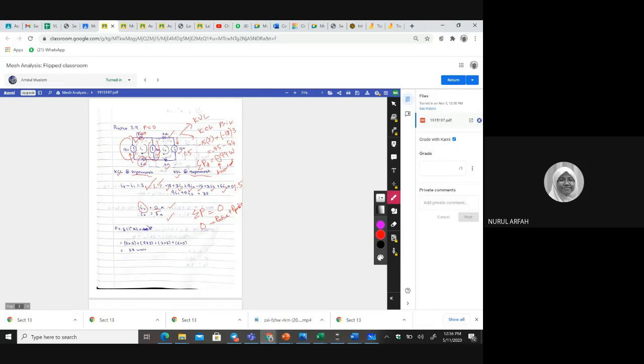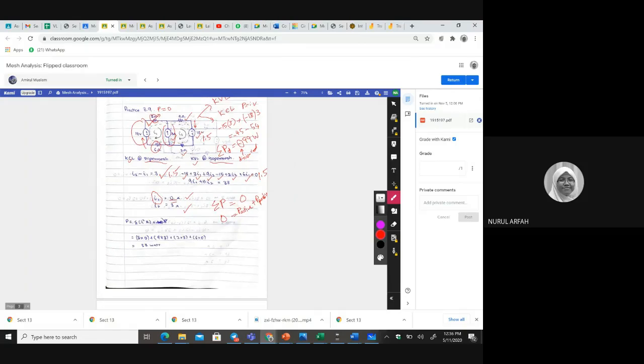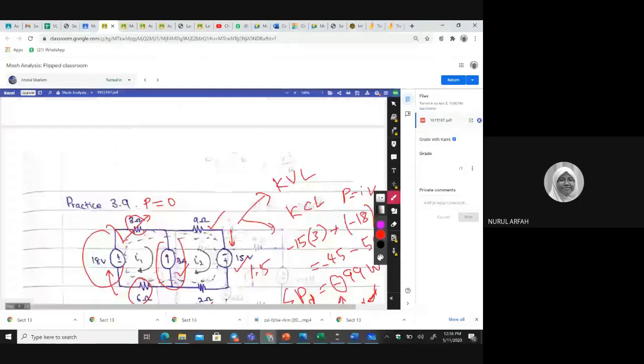If you want to verify it with the resistor, the resistor will take it like this, madam. But if we do it like that, even without finding the supermesh, we can get the answer, right? Yes. This one is just for you to test your knowledge on mesh analysis.